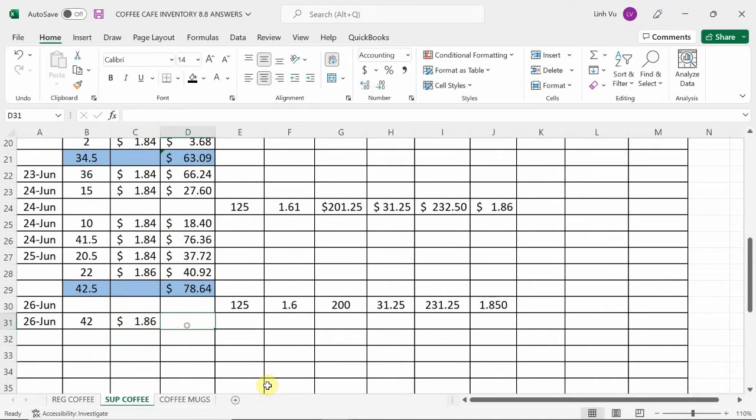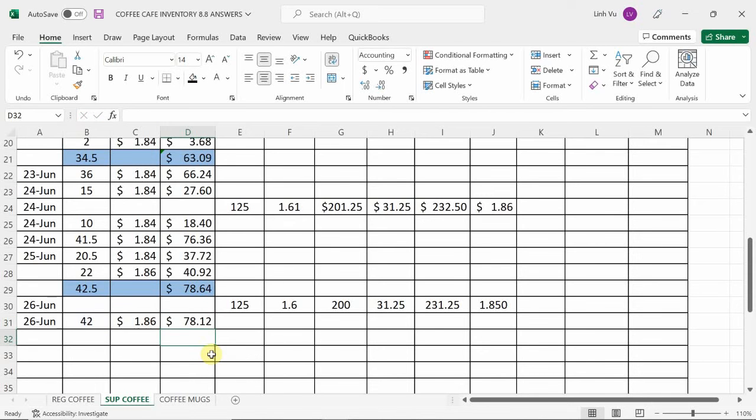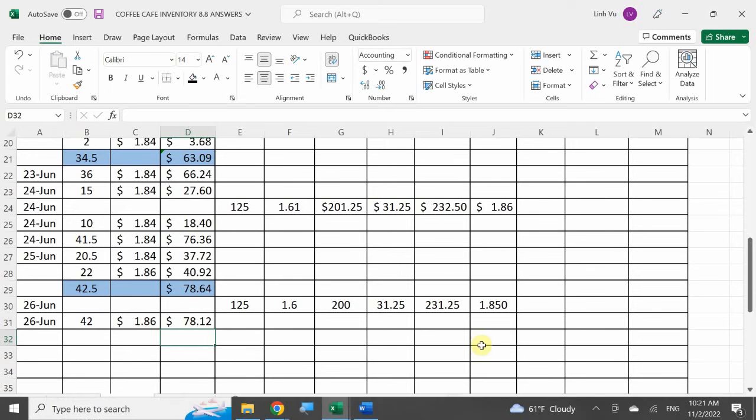So again, how much is this? $78.12. So update your inventory.